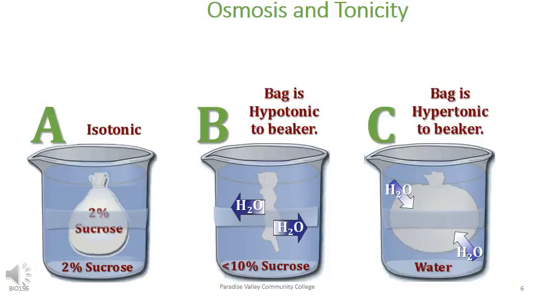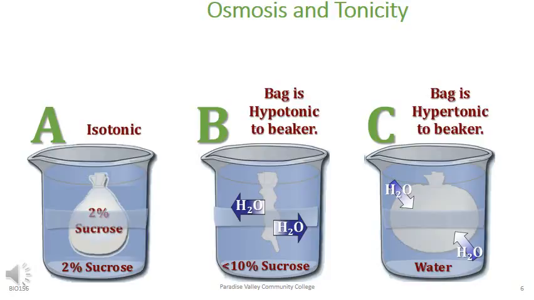Okay, so when you put the bag in the water, water needs to go from that high concentration in the beaker to the low concentration of water in the bag. So the bag will fill up with water from the beaker, and if allowed, it could continue to fill up in some cases and burst. That's called lysis. In this case, it's not bursting, it's just swelling.